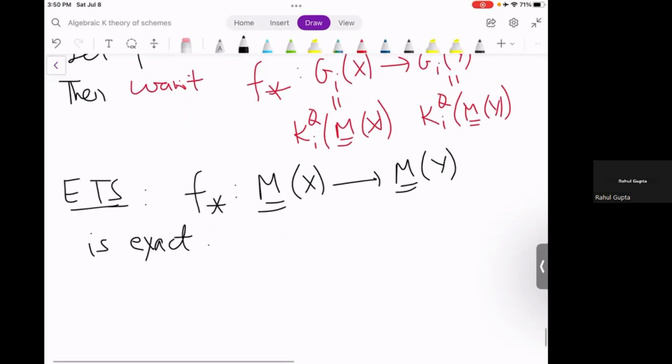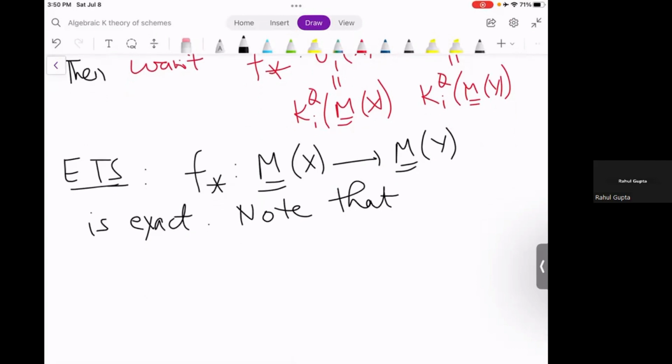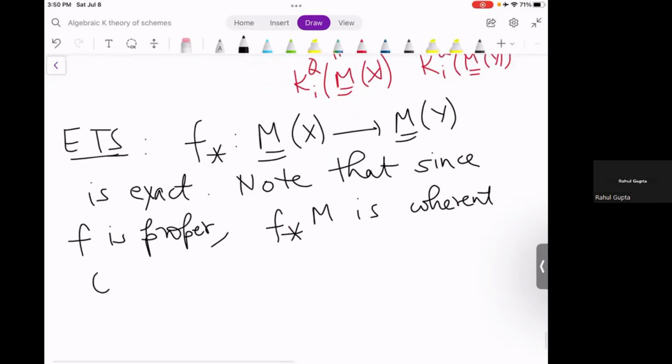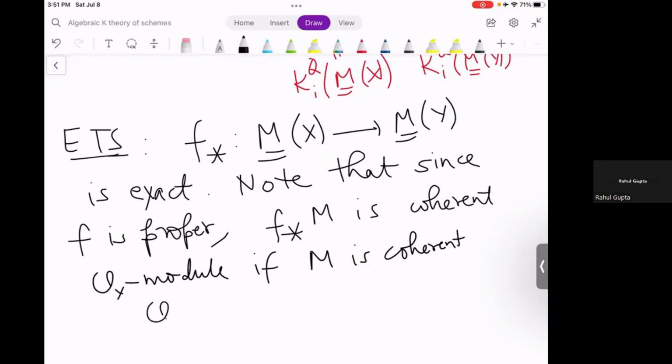So first of all, note that since f is proper, push forward of a coherent O_X module is a coherent O_Y module.